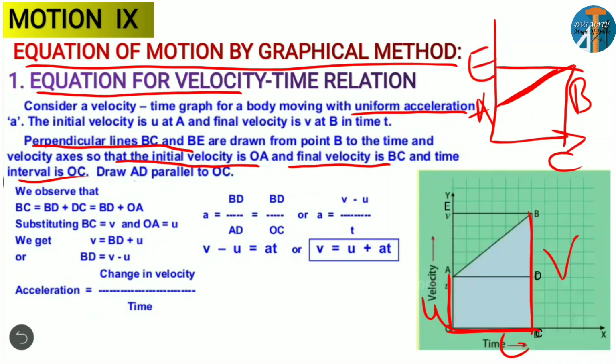This is O. Here again we have to draw AD perpendicular to OC, or you can say parallel to OC also.